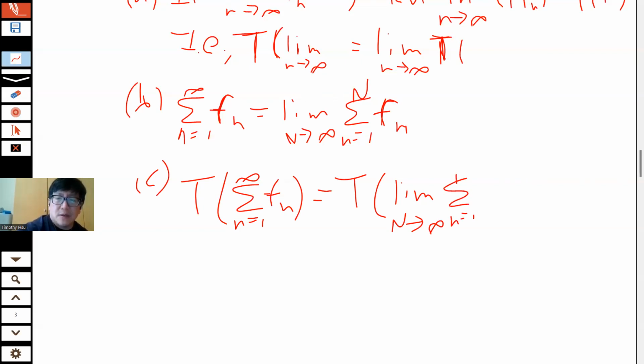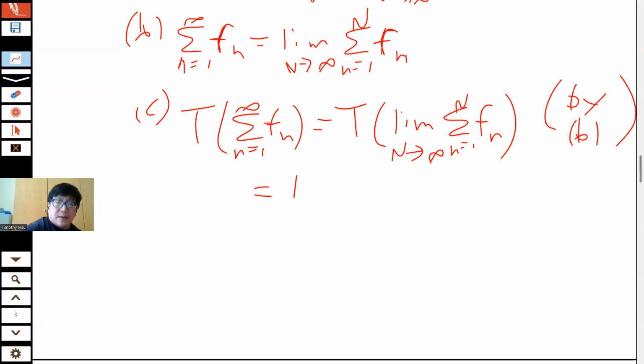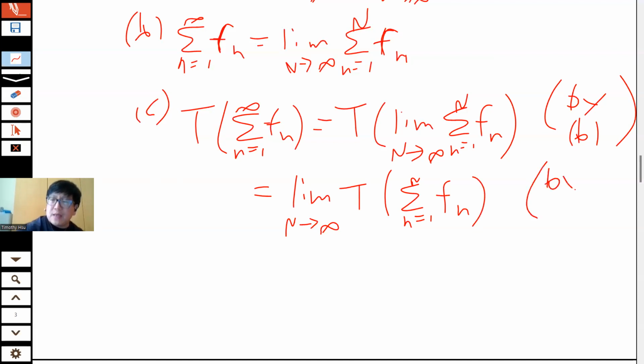Essentially that's the definition of an infinite sum, but I'll just say by part B. And now I can pull out that limit of f sub n, and that's by part A and continuity, the fact that T is continuous.